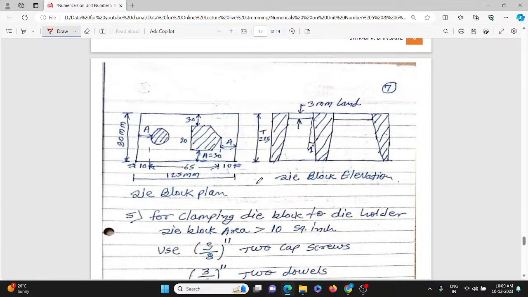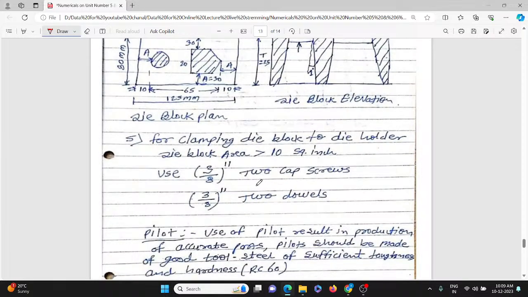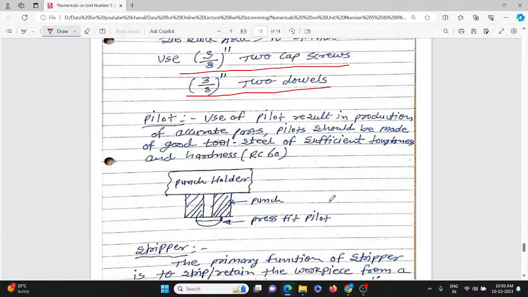For clamping the die blocks to the die holder, the die block area must be greater than 10 square inch. If it is greater than 10 square inch, then we can use 2 cap screws or 2 dowels to avoid movement of the die block on the die holder. Again these are standards that you can use.